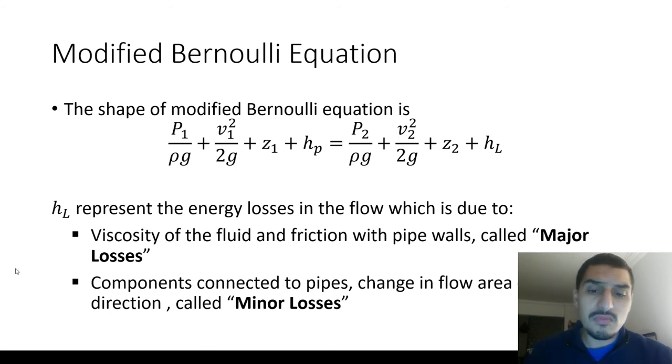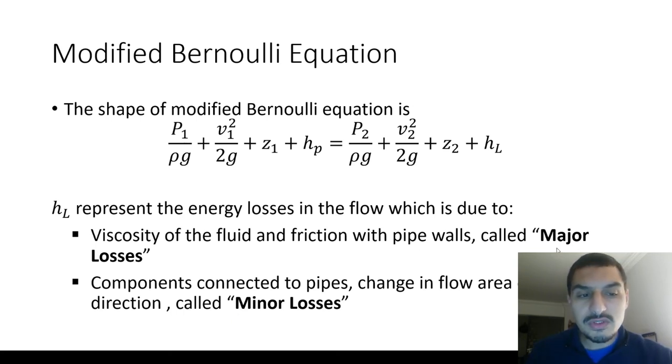And whatever the cause of this, these are called the minor losses, just to differentiate between this and the major losses. And it's important to mention that having this named as minor losses does not mean that its value is smaller than the value of the major losses.